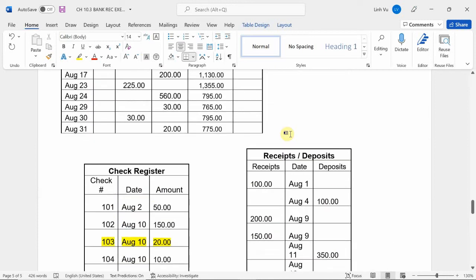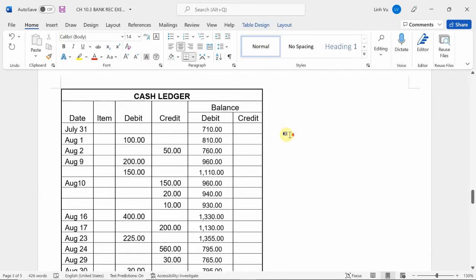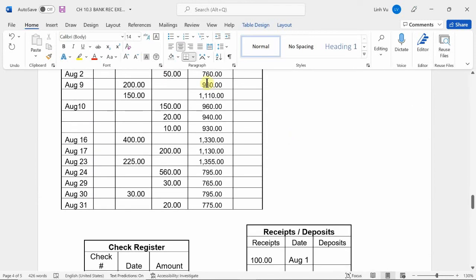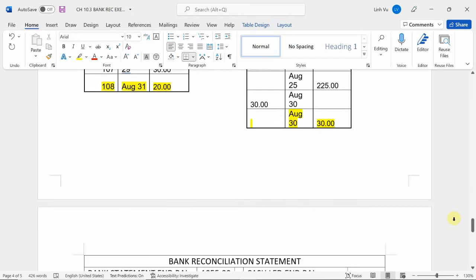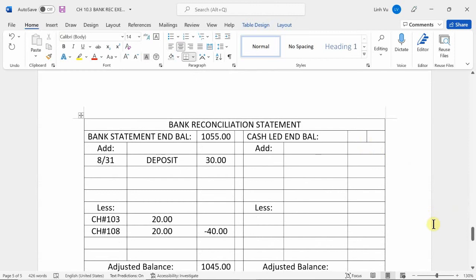I'm going to look at my cash ledger, go down to the very last date, August 31st. How much money do you have currently? You have $775. So what do I need to add?